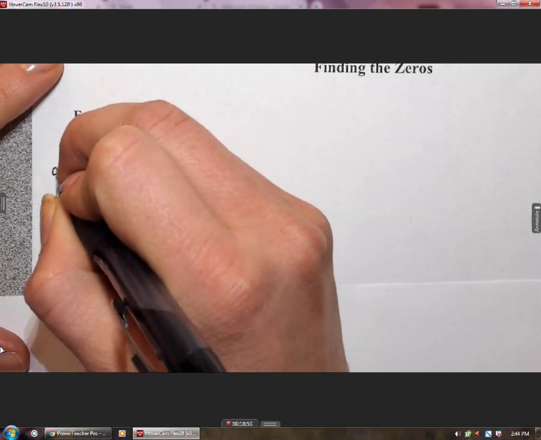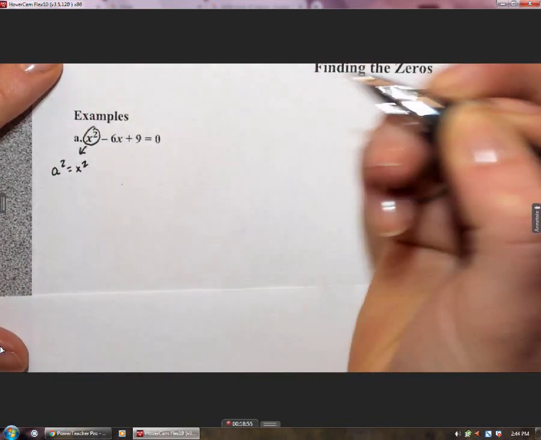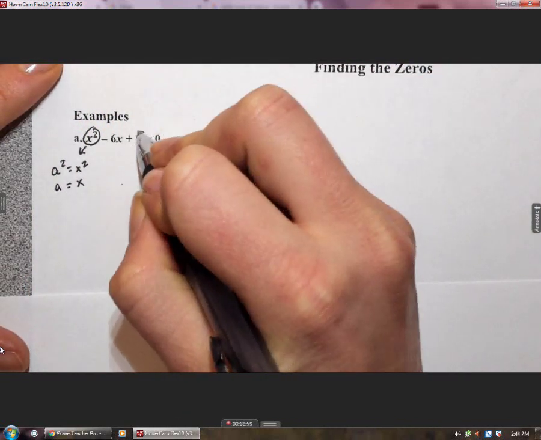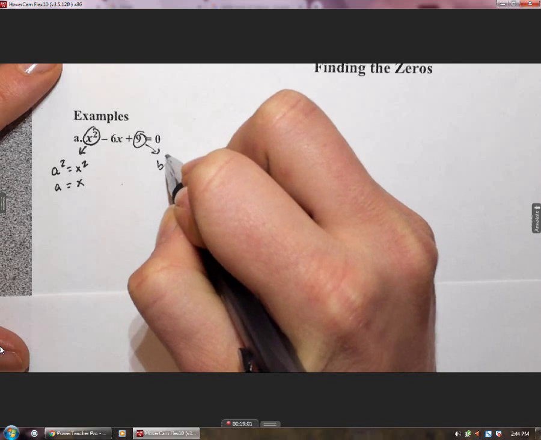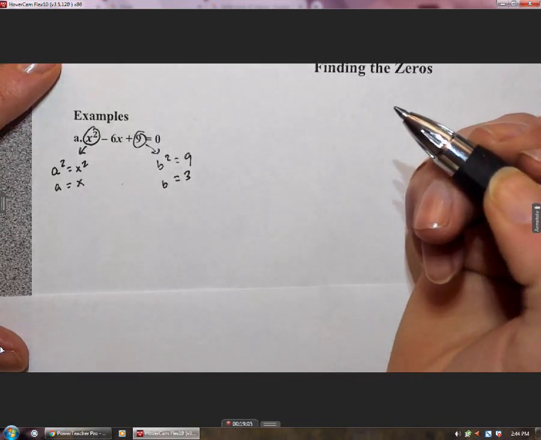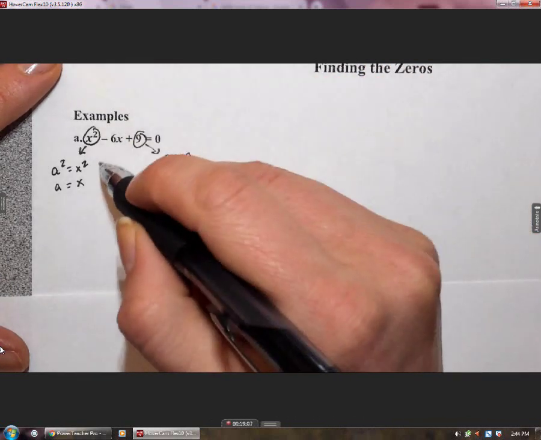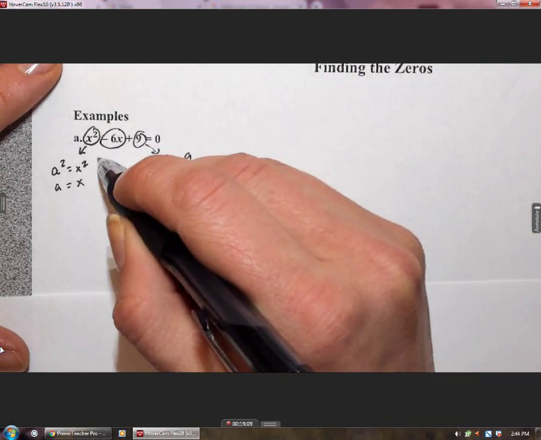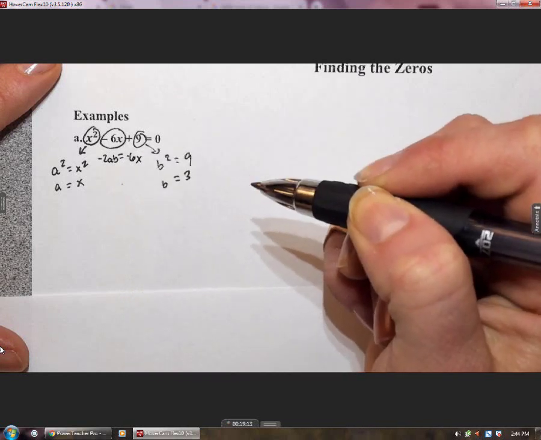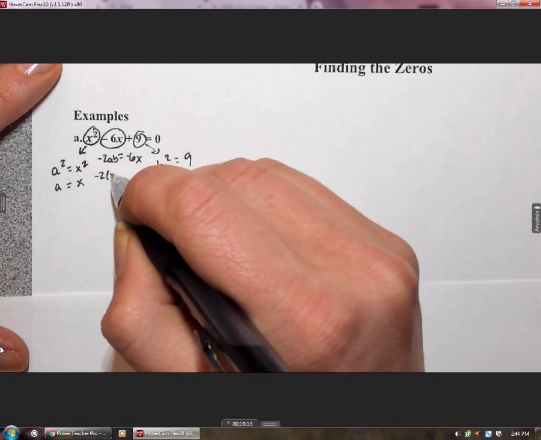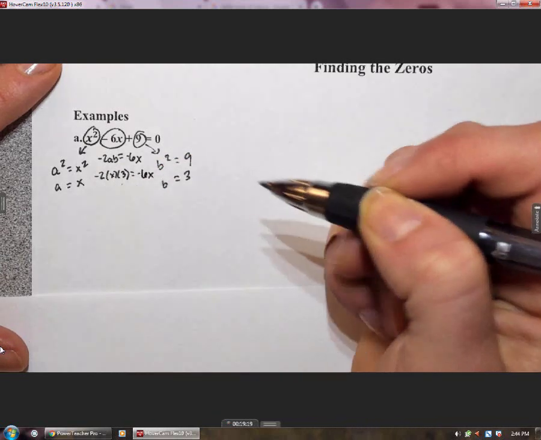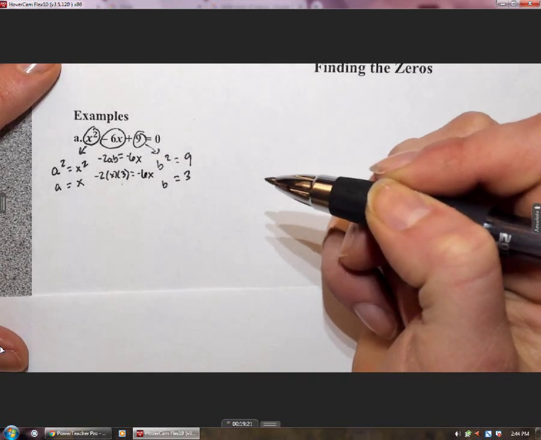A squared equals x squared, so A would be x. B squared is 9, so B would be 3. This middle term, I need negative 2AB to equal negative 6x. Negative 2 times x times 3, does that equal negative 6x? Yeah. So this is a perfect square trinomial.